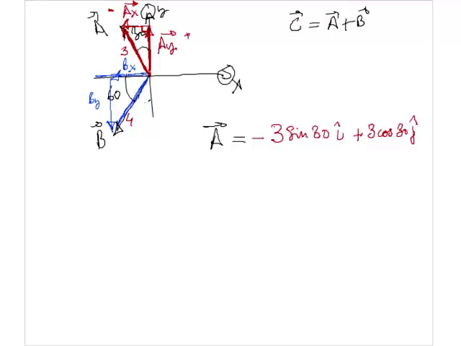My By is going down, therefore I need to remember to put the negative sign. My Bx is also going left, therefore I need not to forget my negative sign. So B will be negative 4 cosine 60, and negative 4 sine 60.